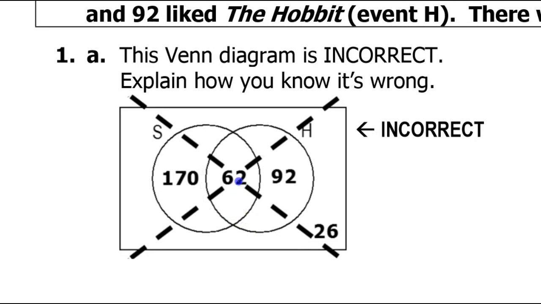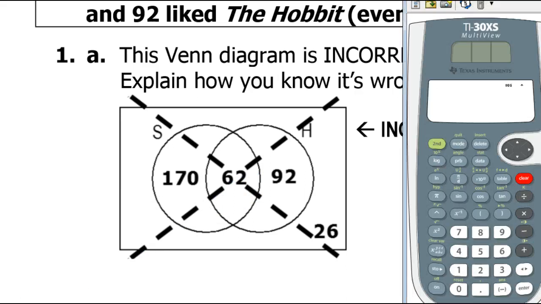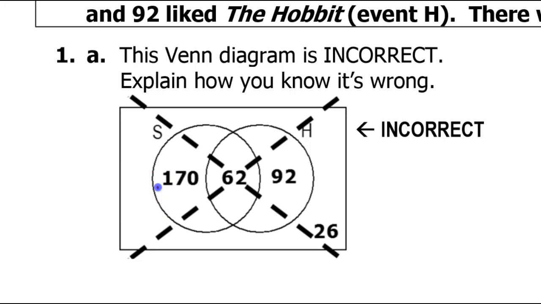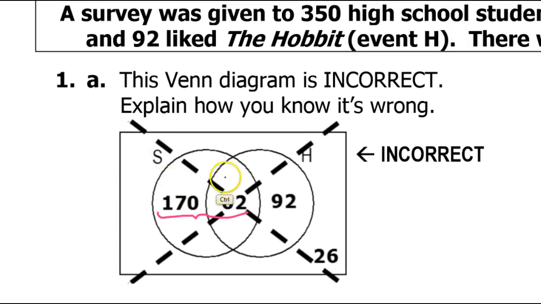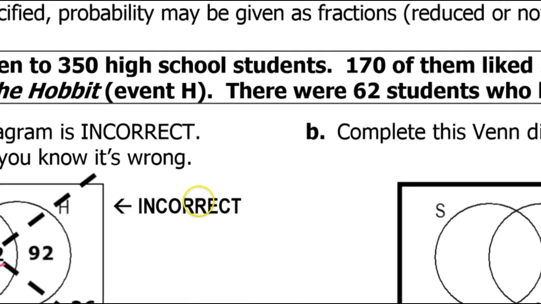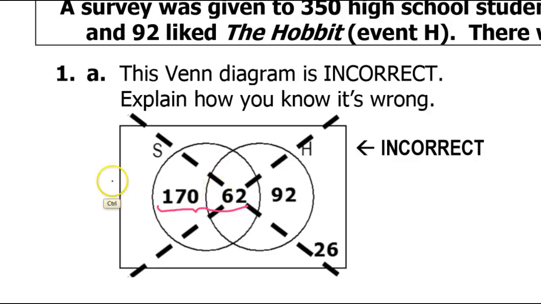What did they do wrong? Well, ask yourself this. According to this incorrect diagram, how many students liked Star Wars? Okay, we're talking about how many like Star Wars. So this entire circle represents the number of students who like Star Wars, the whole circle.